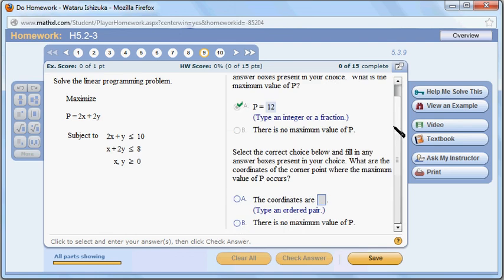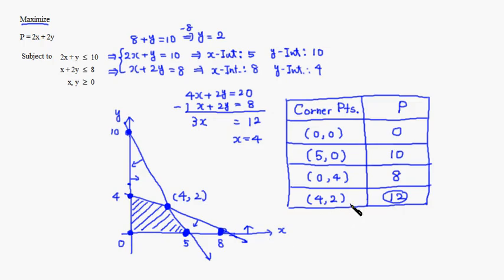Second part. It says select the correct choice below and fill in any answer. We're looking for the coordinates of the corner point where the maximum value of P occurs. Going back to the picture, it was 4, 2.